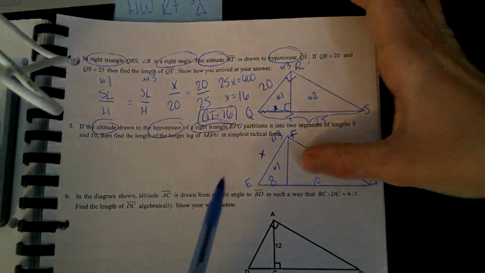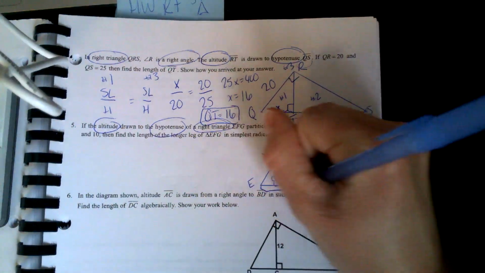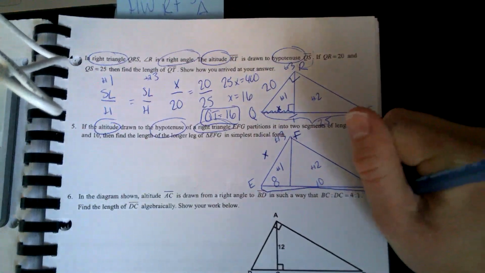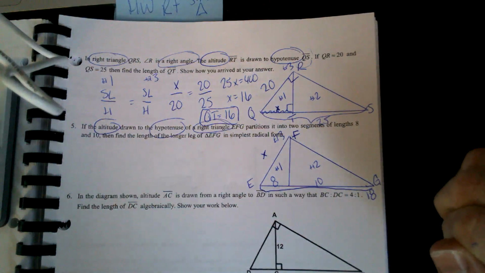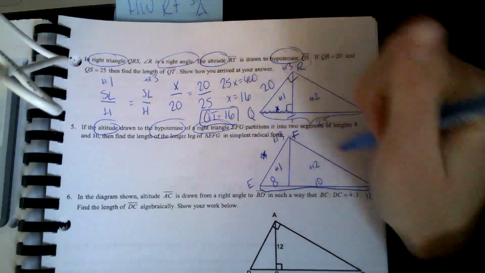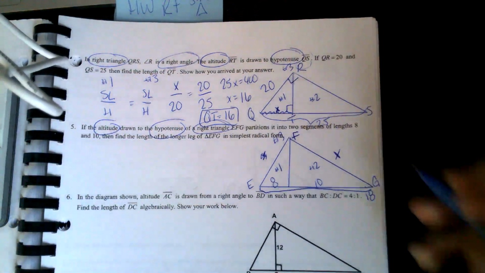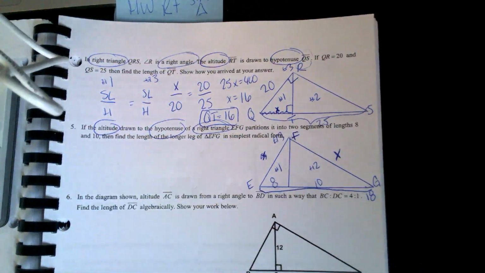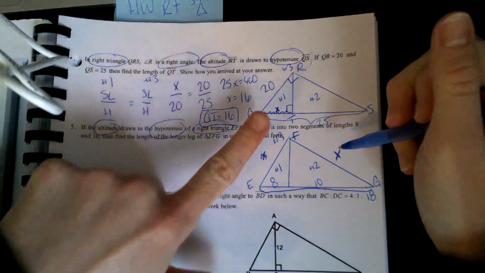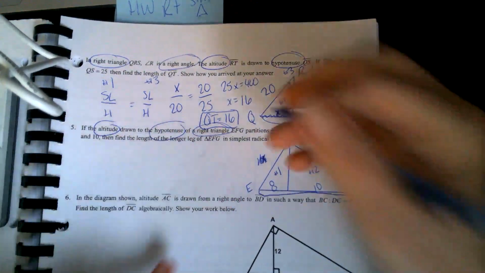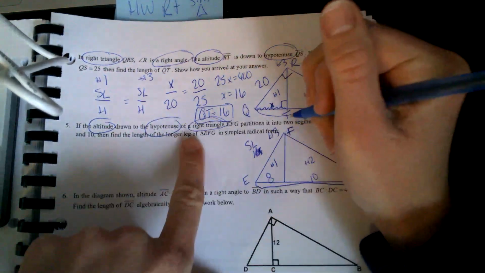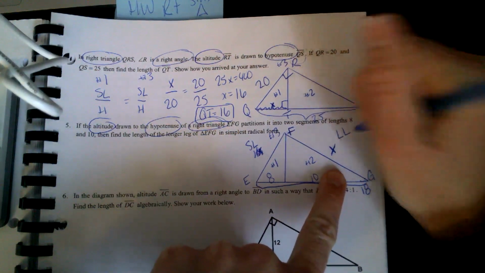And then in a way we were given the whole hypotenuse because 8 plus 10 is 18. And we want to find the, oh no, never mind, I lied. The longer leg. So we are trying to find not EF, but FG. Excuse me. This is the short leg of triangle EFG. This is the longer leg.